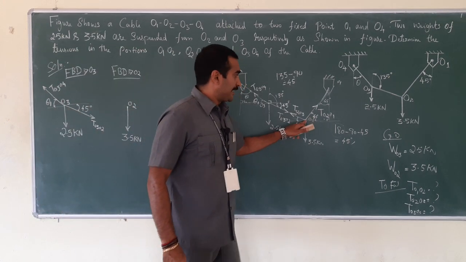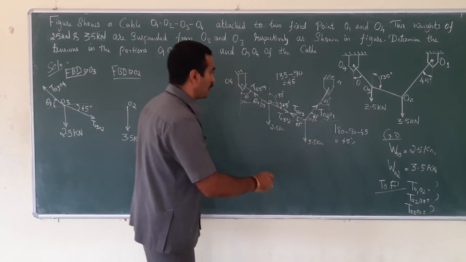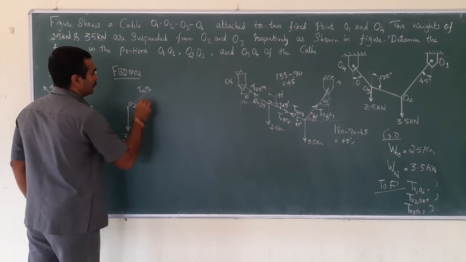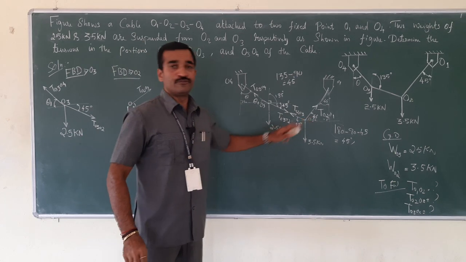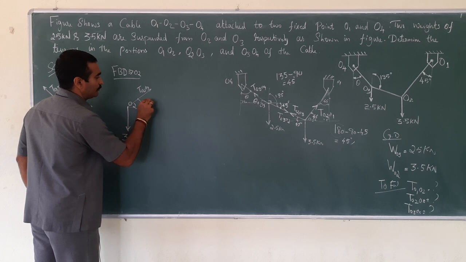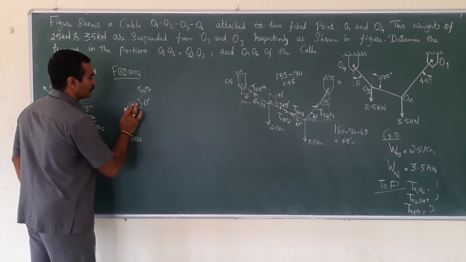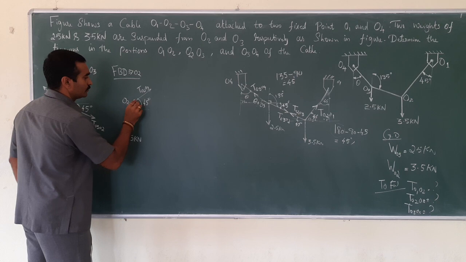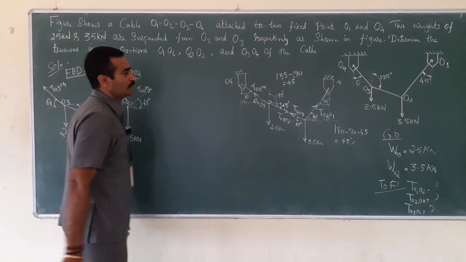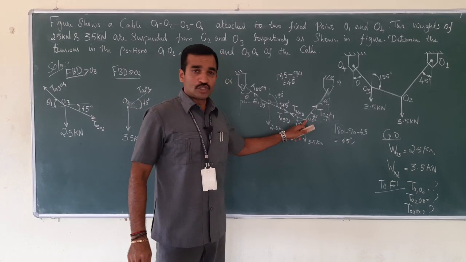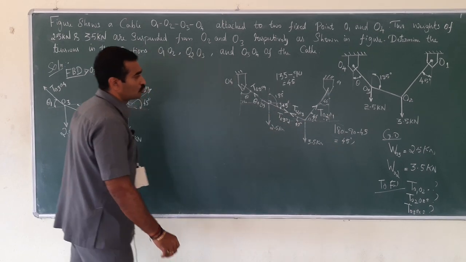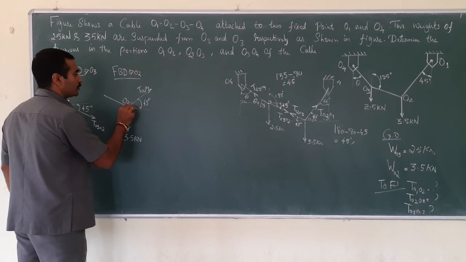Look at here, a tensile force which is acting away from it of magnitude TO2 O1, and the inclination is of 45 degree. This O2 point, this inclination is 45 degree, right? And at O2, look at here, a tensile force which is acting from O2, that is TO2 O3.